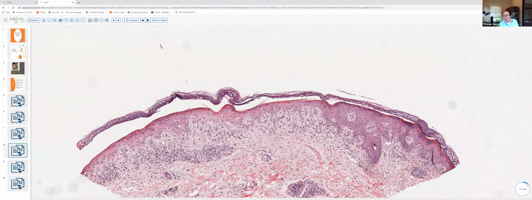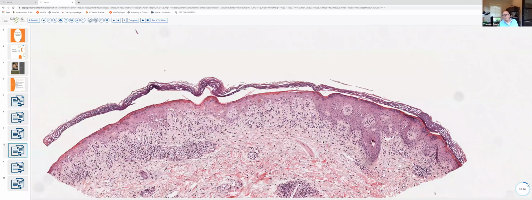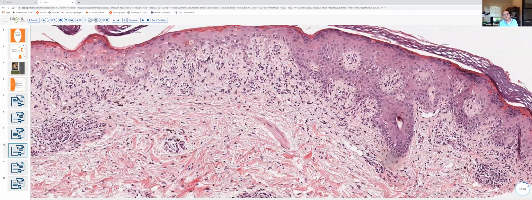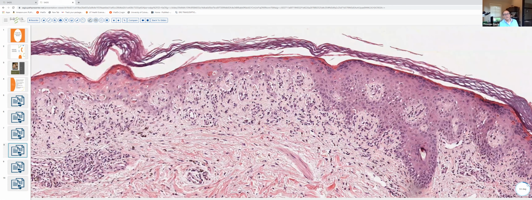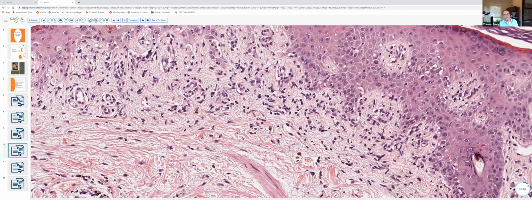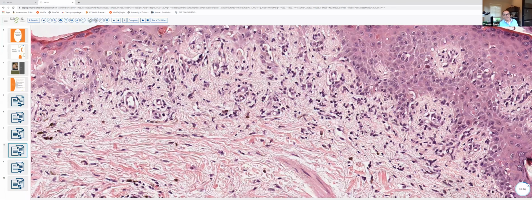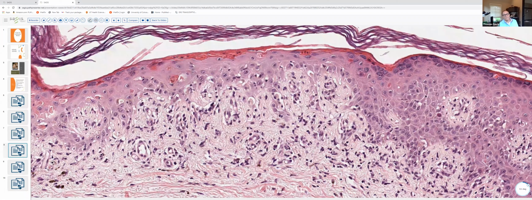Let's go ahead and look along the dermal epidermal junction here. If we move to higher power, we can see some vacuolar change along the DEJ. We see scattered necrotic keratinocytes in the epidermis.